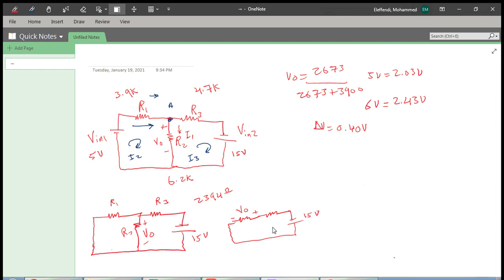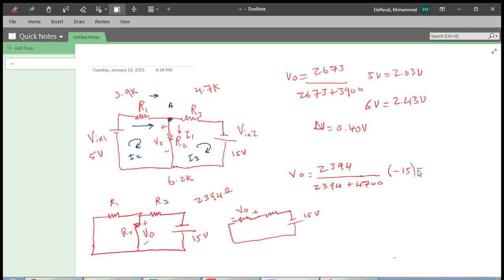Now I'm going to use the voltage divider rule to calculate VO, and to do that I am simply going to take this value 2394 divided by 2394 plus R3, which is going to be 4700, and multiplied by minus 15, remember, because this source is flipped.